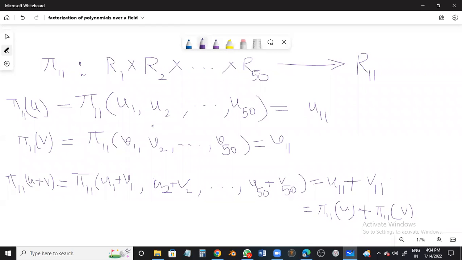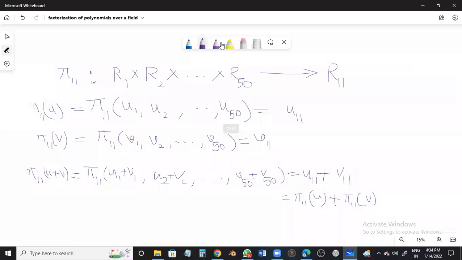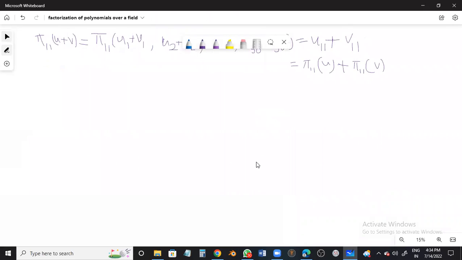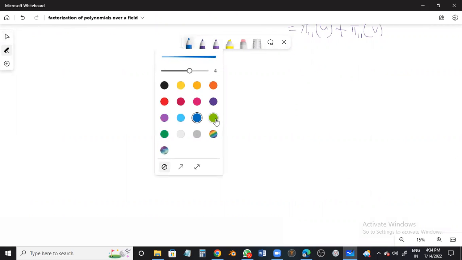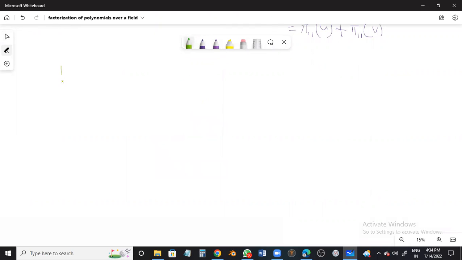Okay. Now let us discuss what happens in case of multiplication. So let us go with multiplication. How do you define multiplication in case of this Cartesian product?